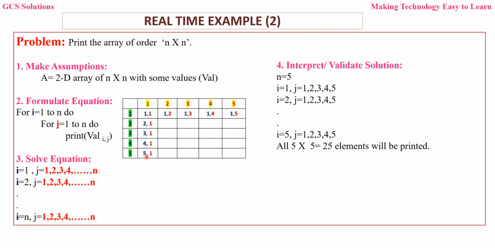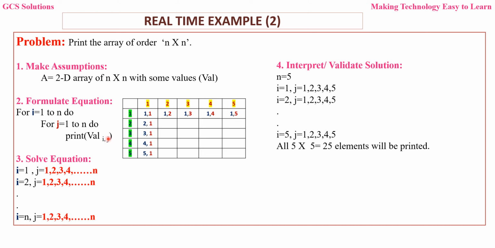How do I convert that in terms of certain mathematical expressions? So I use for loop notations of the programming language. So for i equal to 1 to n, i is my row loop, and j equal to 1 to n, do this, j is my column loop. And what do I do? I print val at every row column position.